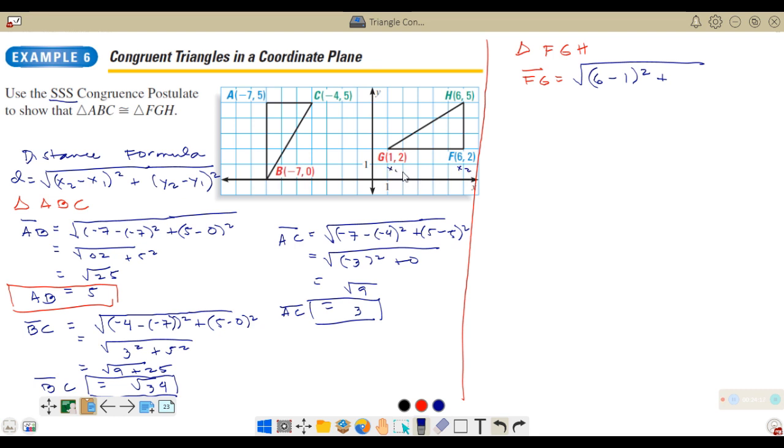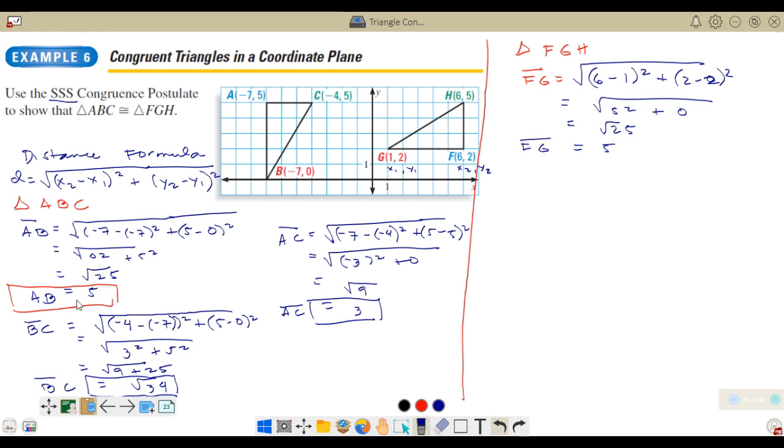Ito yung x sub 1. Siyempre, kapartner nito y sub 1, kapartner nito ay y sub 2. Okay? Baka malito kayo. Next, we have 2 minus 2. So, we have here 5 squared plus 0. So we have square root of 25, which is equal to 5. So meron tayong FG, which is equal to 5.